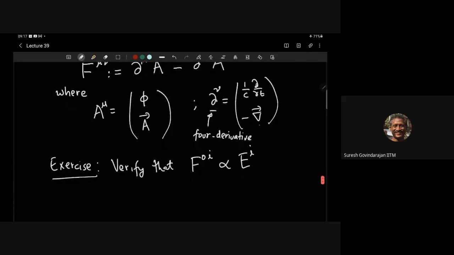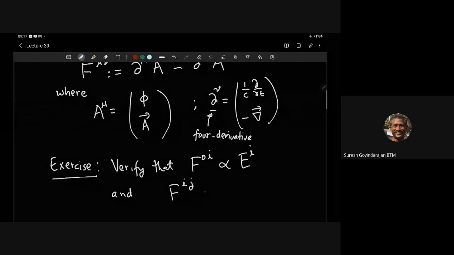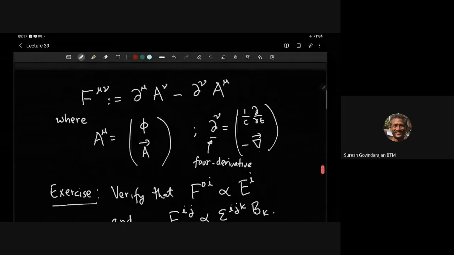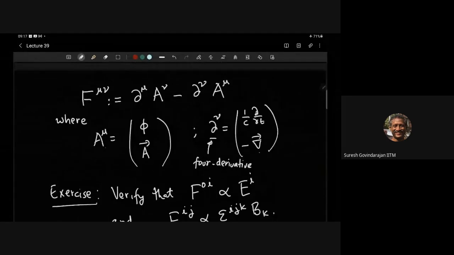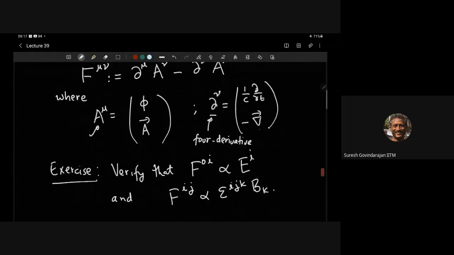And Fij is proportional to epsilon ijk Bk. So we saw under Lorentz transformation, A formed a 4-vector and its components mix, and we also saw E and B mix, and this is what we get.